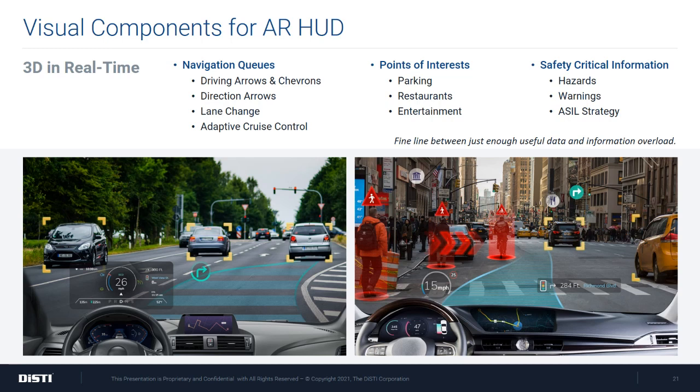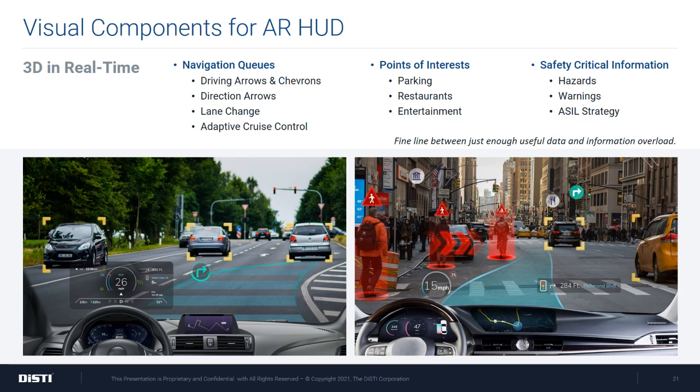On the right side, we've got a whole lot more going on in a busy city set of streets and intersections. And the reason why we have these two images up here is one looks like it could be pretty beneficial, and it's relatively simplistic design.